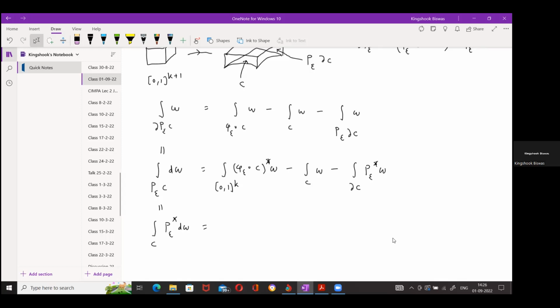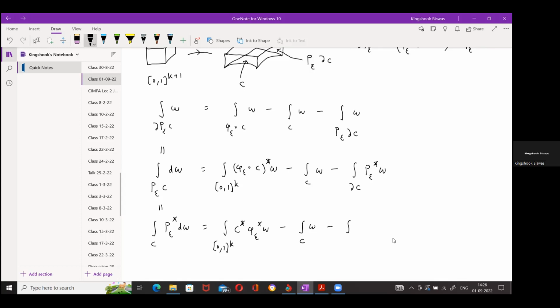Okay, and here (phi epsilon composed with C) star of omega is the same as C star of phi epsilon star of omega over [0,1] to the k, right? Minus the integral of omega over C. And here I can use Stokes' theorem again.